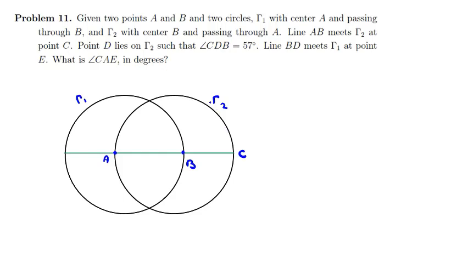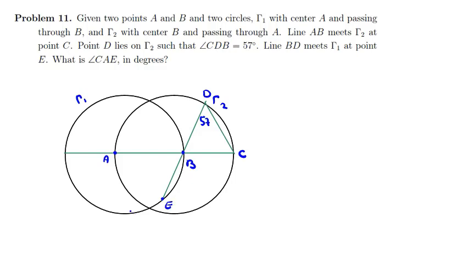Point D lies on omega 2 such that angle CDB is 57. So let me consider these. And okay, so this is 57, and it says BD meets omega 1 at what point?